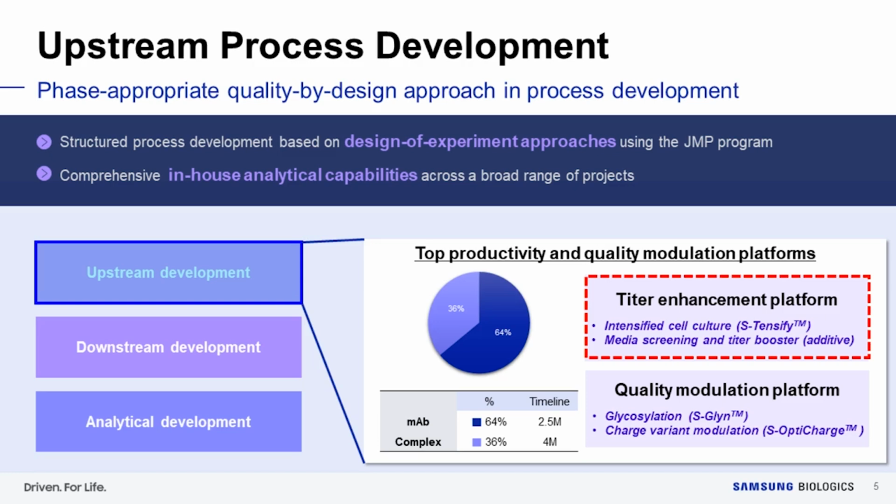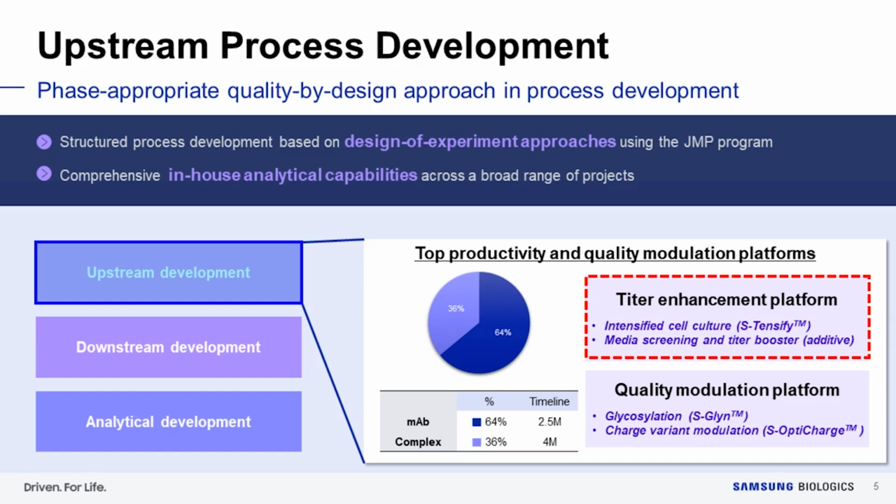Addressing these factors early on helps prevent bottlenecks later in the process, ensuring a smooth transition to downstream processing and, finally, commercialization. At Samsung Biologics, we adopt a phase-appropriate quality-by-design approach in process development.